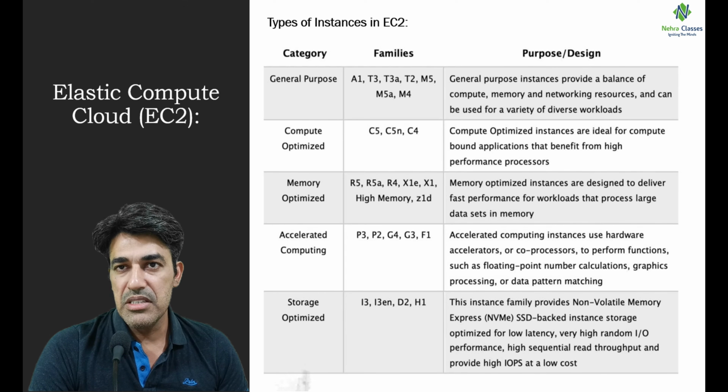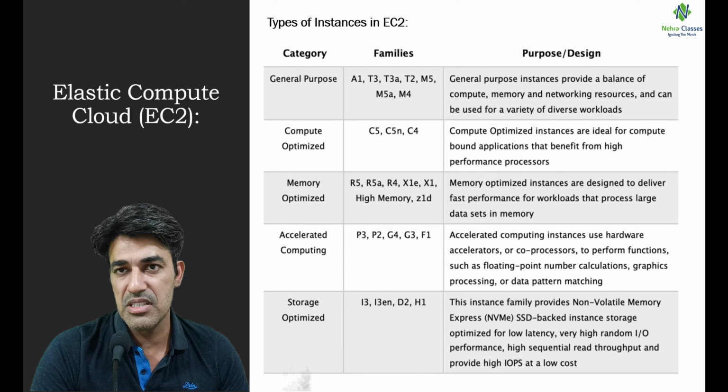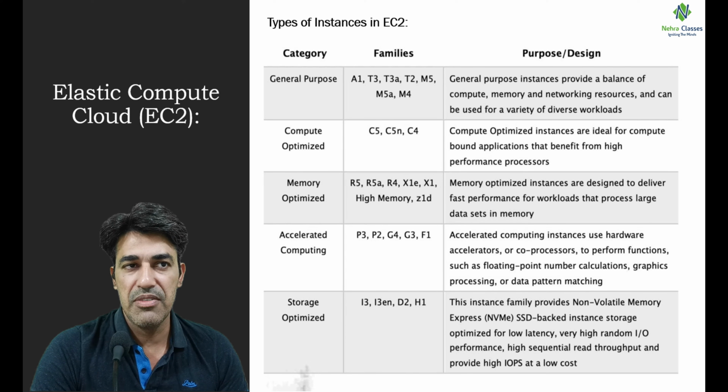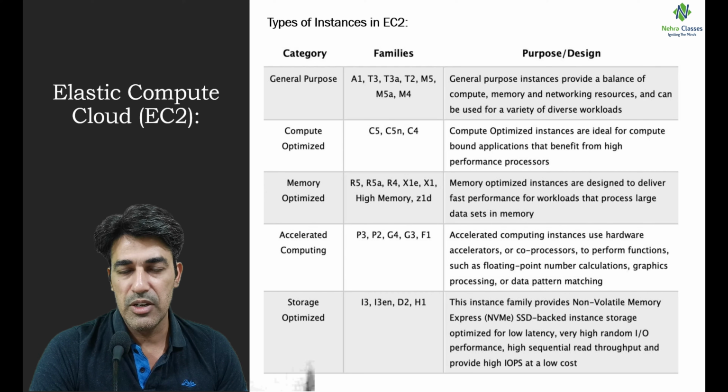Now in upcoming days, we will go into details of the subcategories of these 5 types of instances. Like in general purpose instances, what are the different types of instances that we can have, like A1, T3, T3A. What is the difference between each one? What are their hardware requirements and for which type of applications are they used?